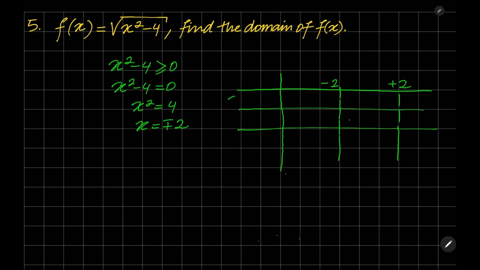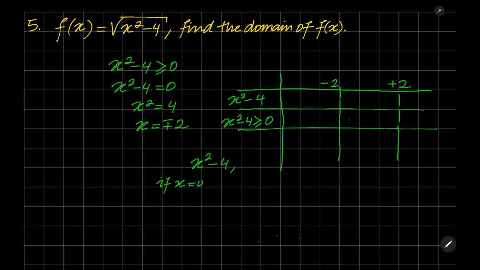This is x squared minus 4, and we want x squared minus 4 greater than or equal to 0. For example, let's set x to 0.